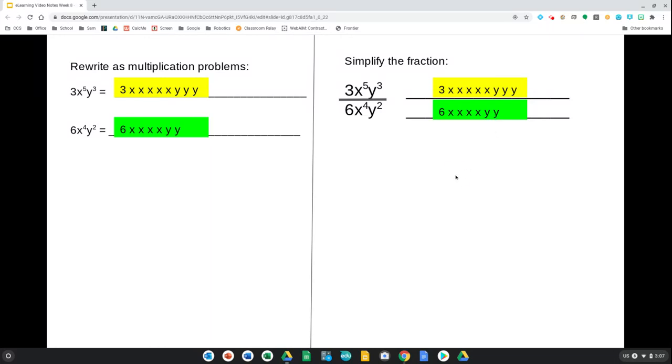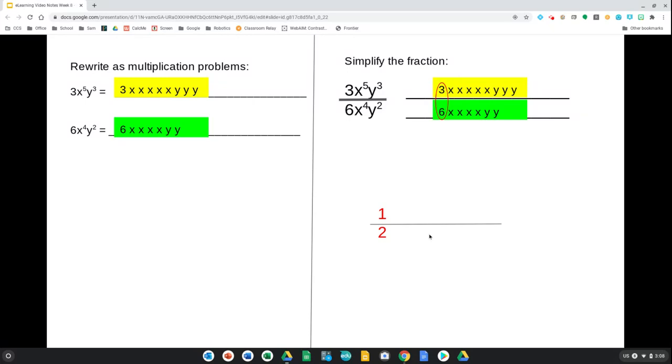So let's start by looking at the number part, the 3 over 6. If you were going to simplify 3 over 6, what does it simplify to? Well, we just did that problem. 3 over 6 simplifies to 1 over 2. You can divide both those numbers by 3, and they become 1 over 2. So in our answer, we're going to draw a fraction bar, and then we're going to simplify 3 over 6 and write 1 over 2.